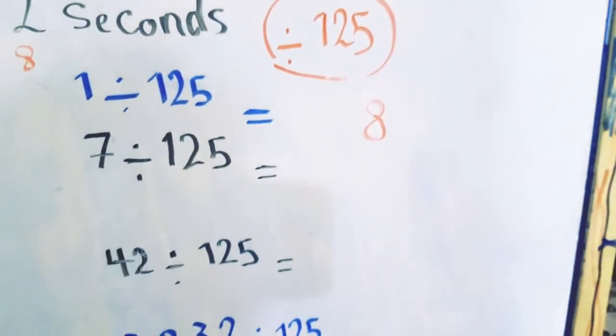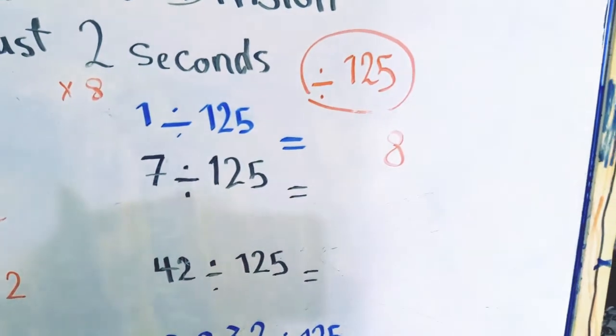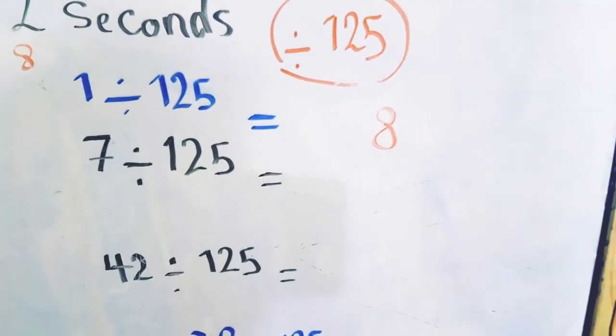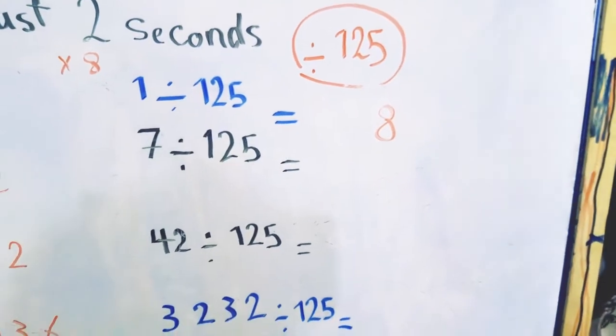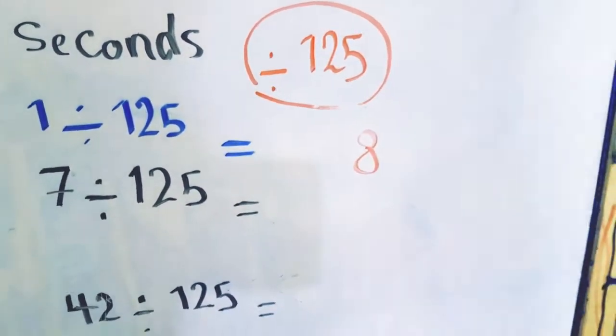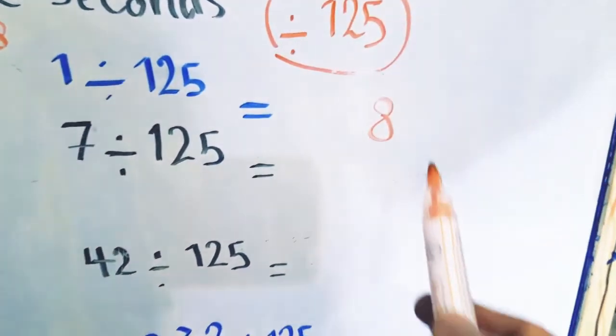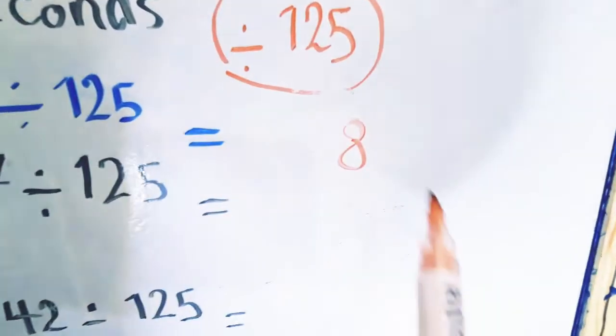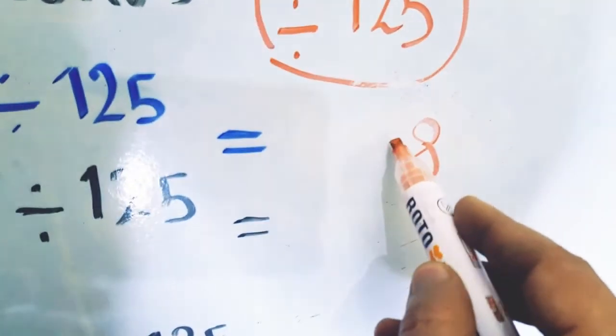This is the first step. The second and the most important step is that when we divide any number by 125, we need 3 digits at the right side. But here we have only 1 digit. No problem. The missing digits will be replaced by 0.